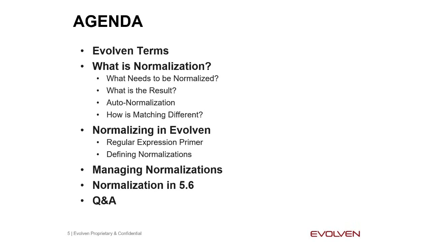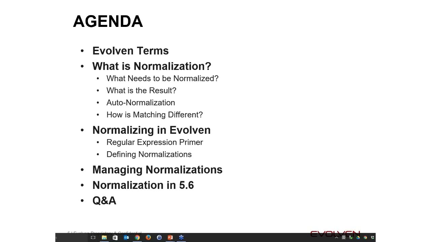I'll cover a little bit about regular expressions, so we'll give you a brief tutorial on regular expressions. We'll also look at where you can define normalizations, so where you'll see those in the product. And then finally, we'll look at how to manage normalization.